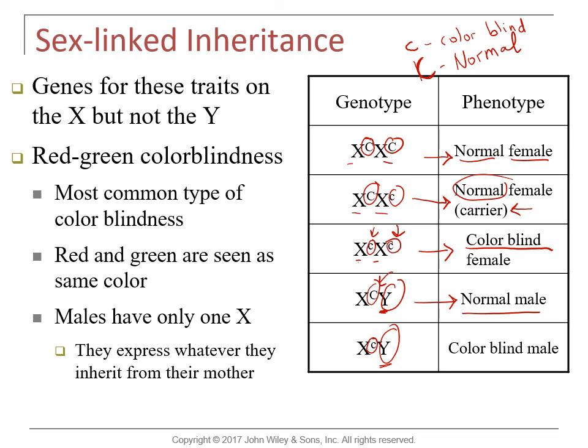Unfortunately, even though he only has one c, the male is going to be colorblind. As for females, the female needs to have both little c's to become colorblind, and if she only has one, then the female is normal but is a carrier of the gene.